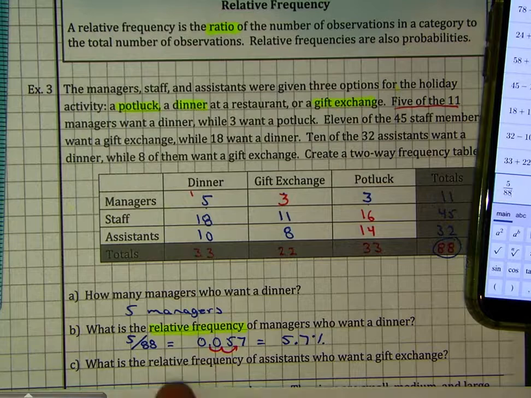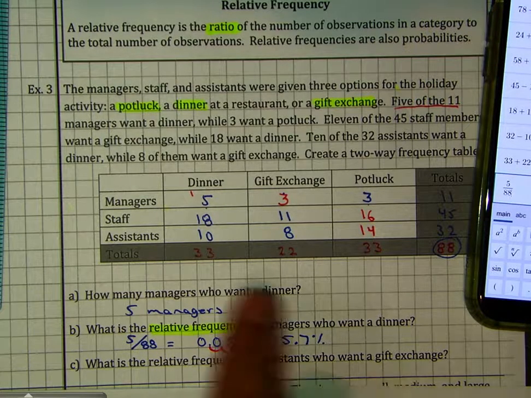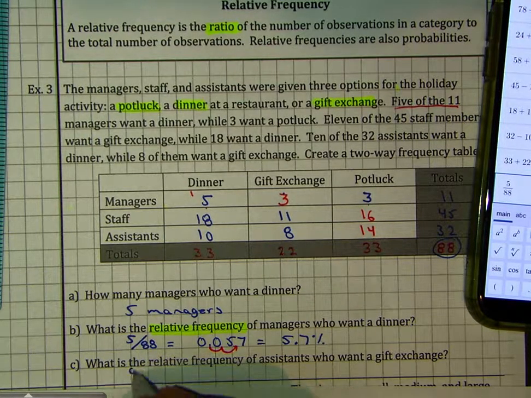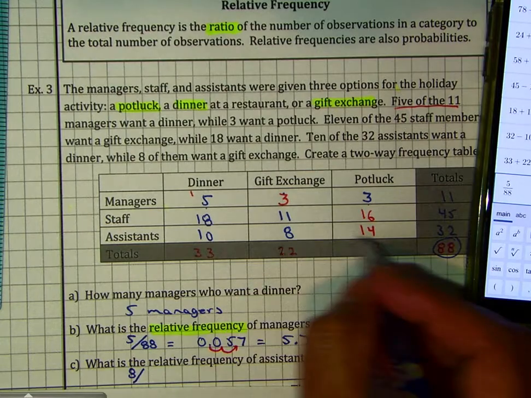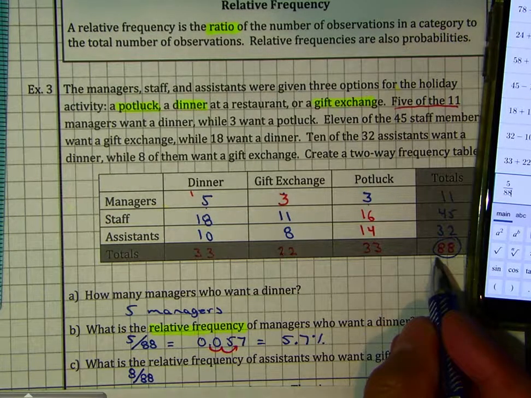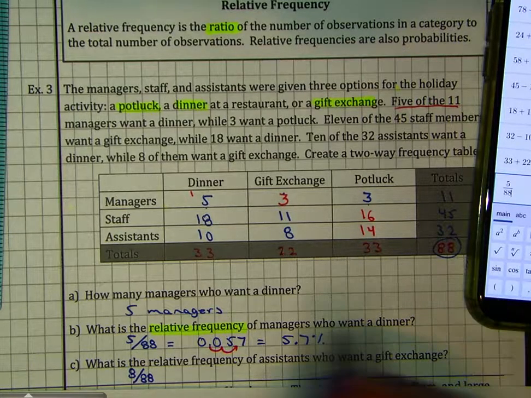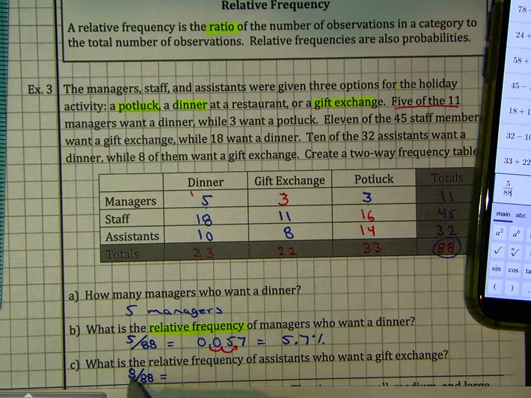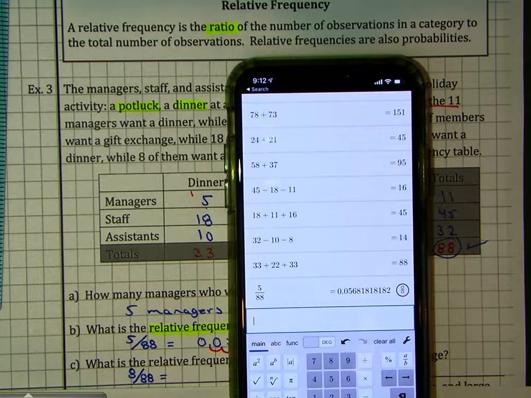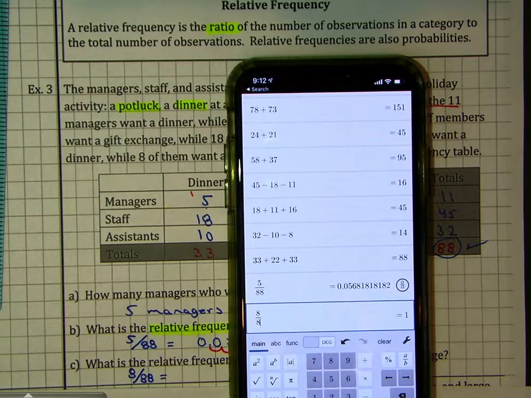What is the relative frequency of assistants who want a gift exchange? So assistants that want a gift exchange are 8 out of 88. Remember, it's always over the overall total. Now I can reduce it by 8 to 1 over 11, or I can just type into my calculator 8 divided by 88.